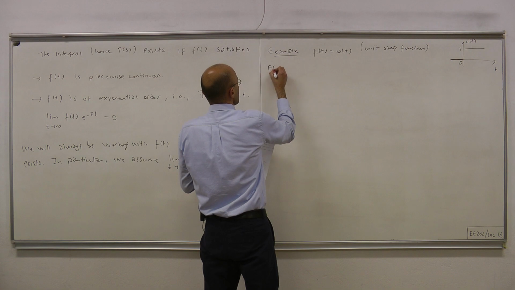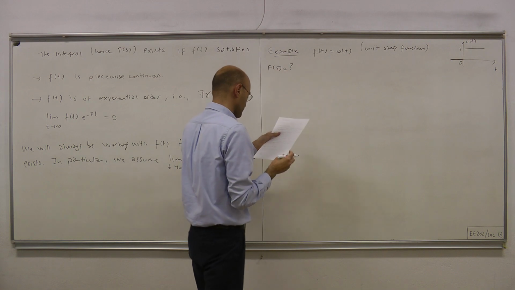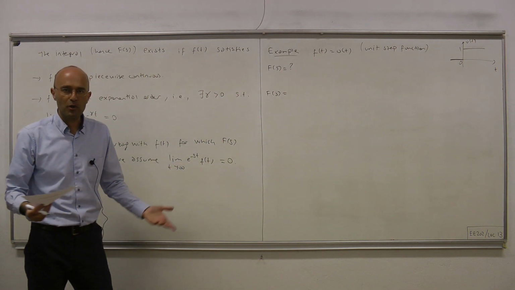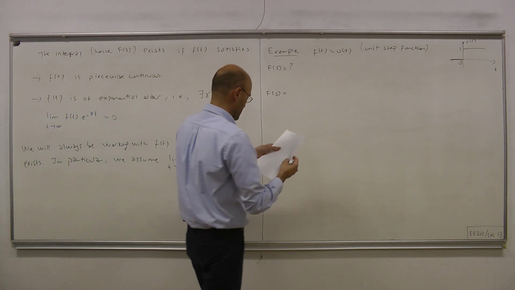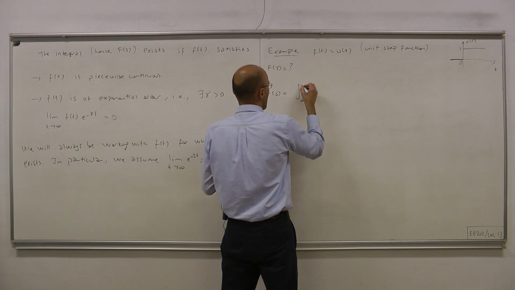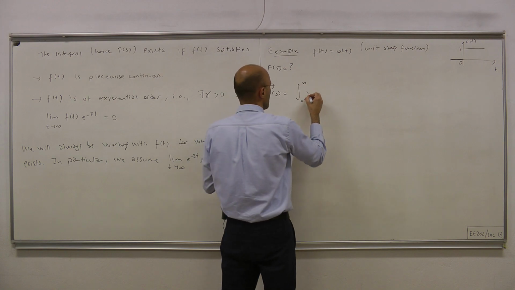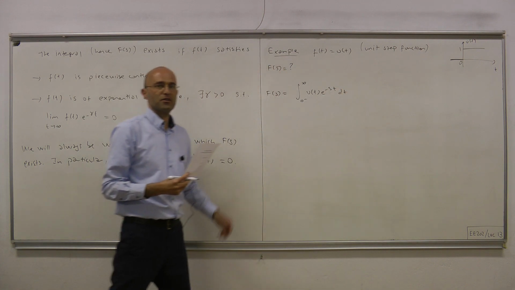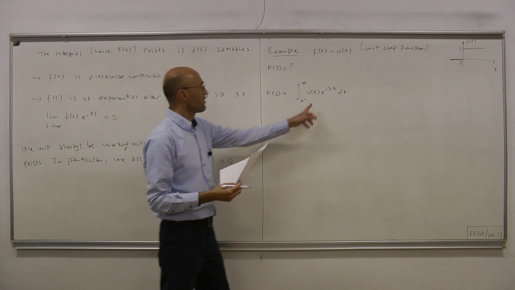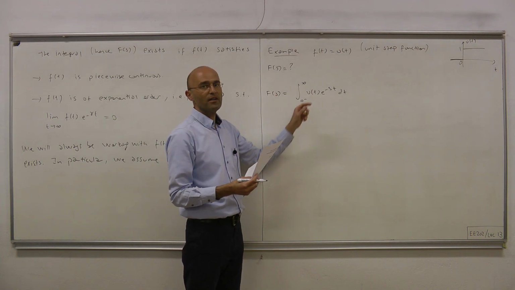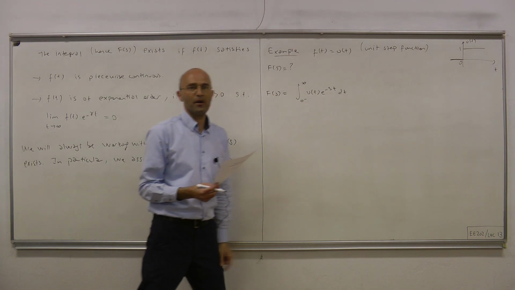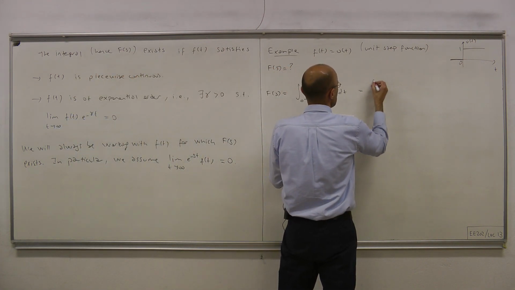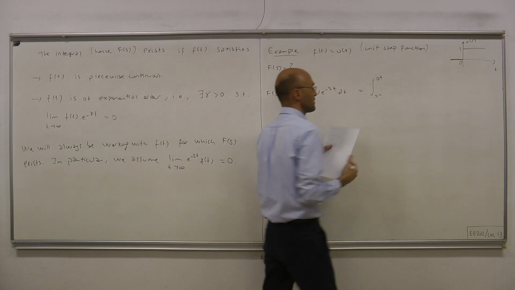So what's F of s? F of s equals, let's apply the definition because that's the only thing that we have now, from 0 minus to infinity, u of t e to the minus st dt. So that's the definition. Now u of t for t positive is 1, so let's write this integration as two separate integrals so that we see certain things in a clearer light.